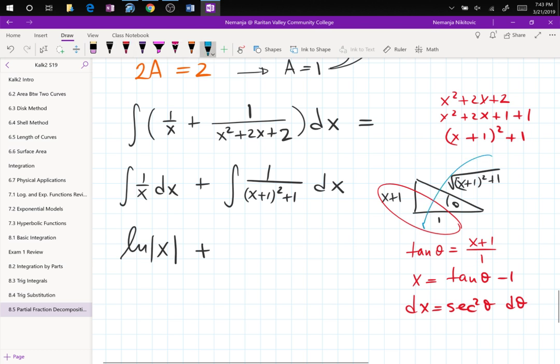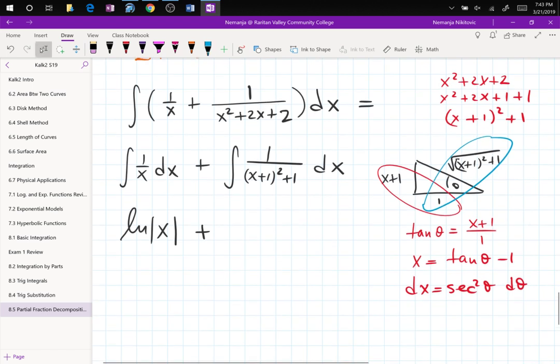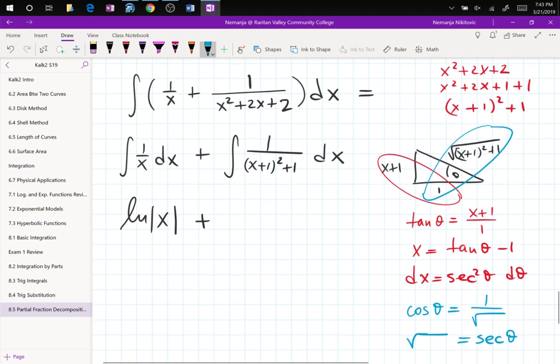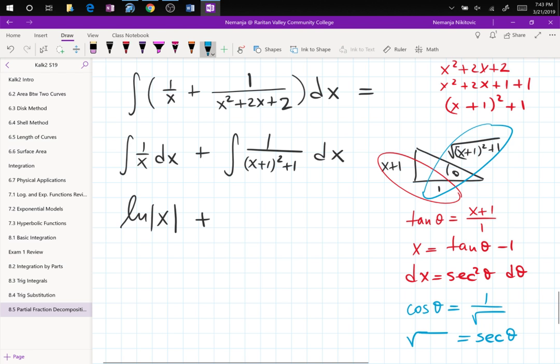And cosine of theta is 1 over the square root, so the square root is equal to secant theta. I need to square it because I don't have the root on this side, so secant squared theta is x plus 1 squared plus 1.